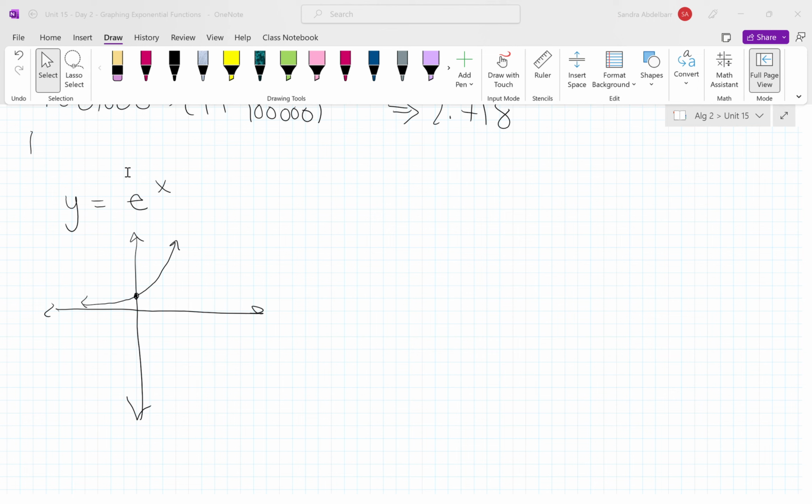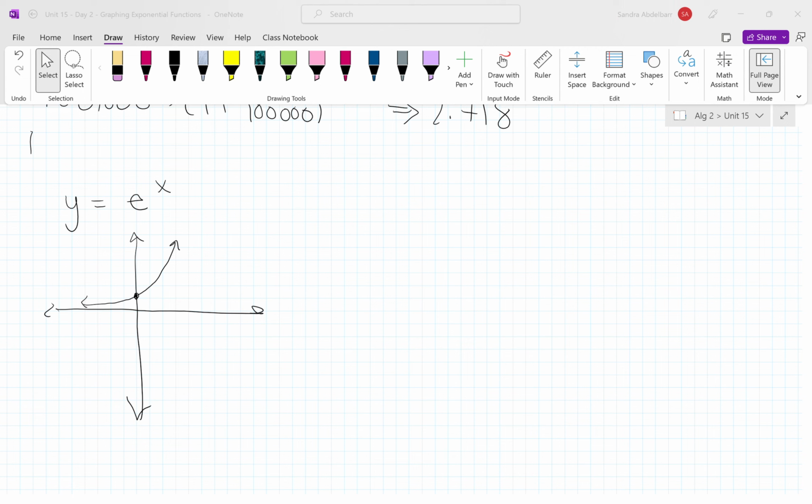No matter what number I make that base, let's do y equals 4 raised to the x power. All right, do you notice we're still following that same trend? Okay. And what's going to happen if I were to make that base a fraction, a half, raised to the x power? Now it's the same idea, but what's happening? We are decreasing. All right.